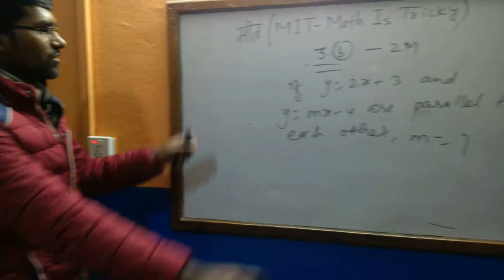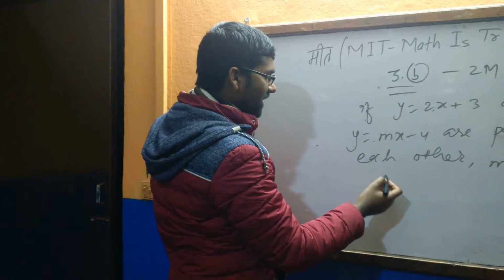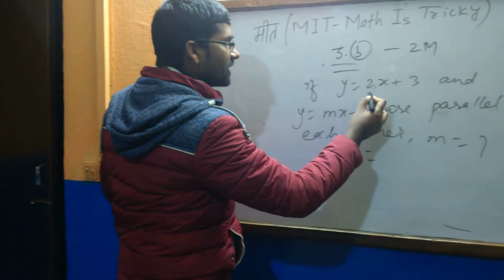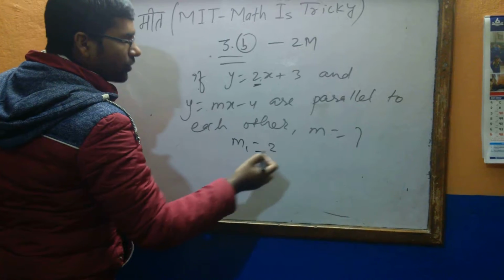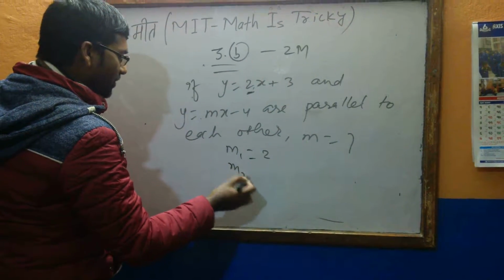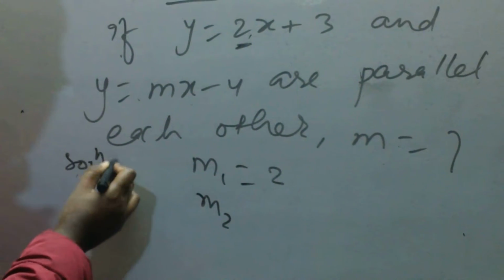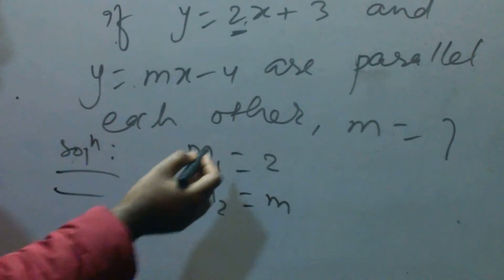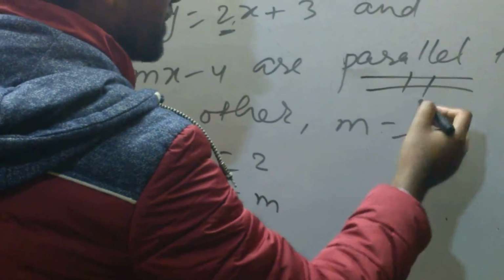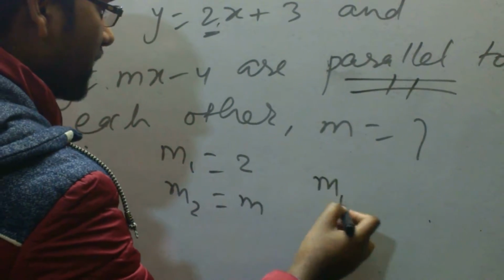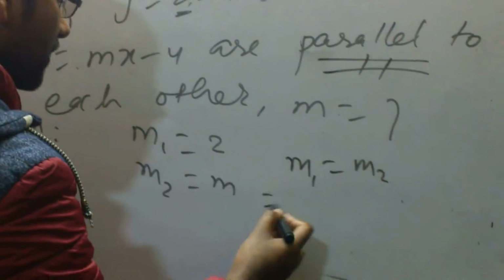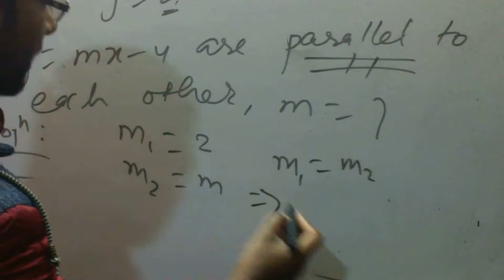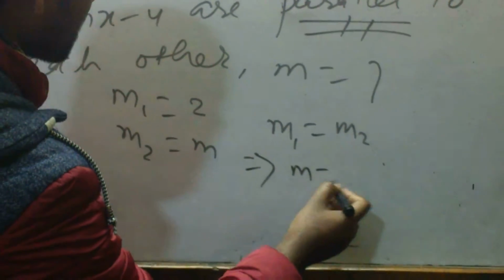What is the slope of the first line? m1 is 2. m2 is m. As I told you, the lines are parallel, so m1 equals m2. That gives your answer: m equals 2. It's very simple.